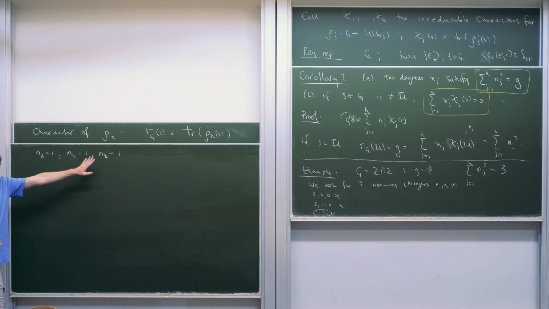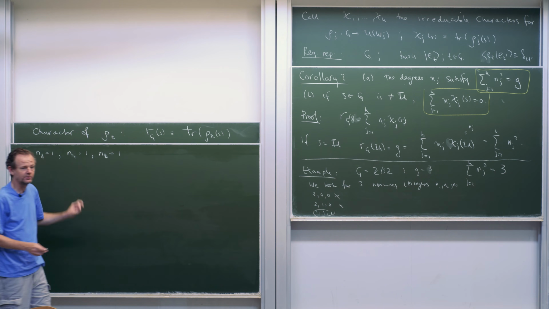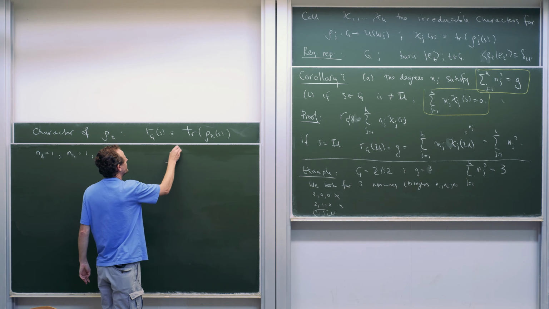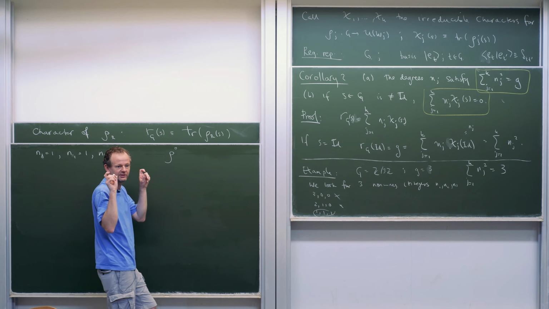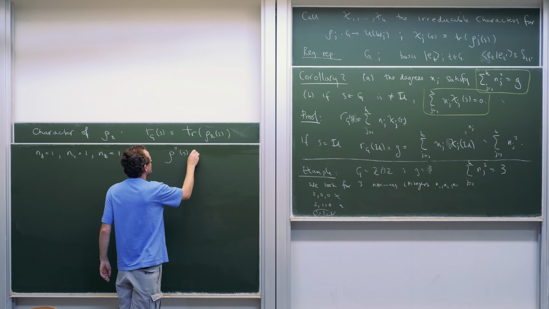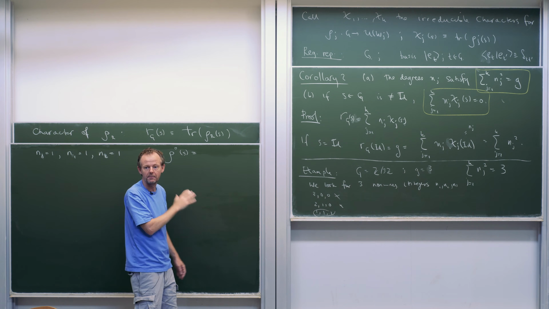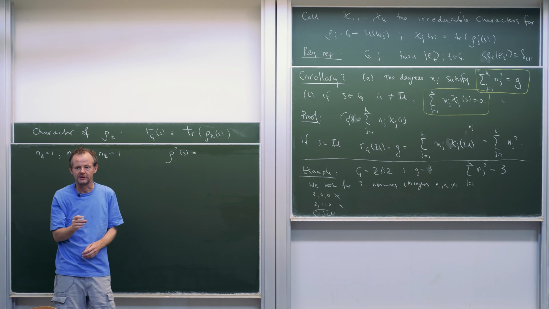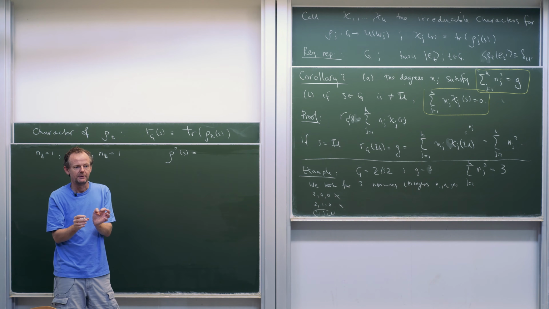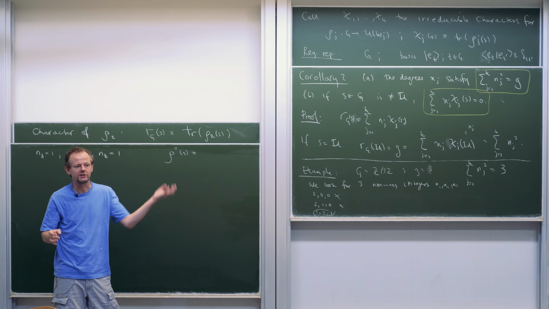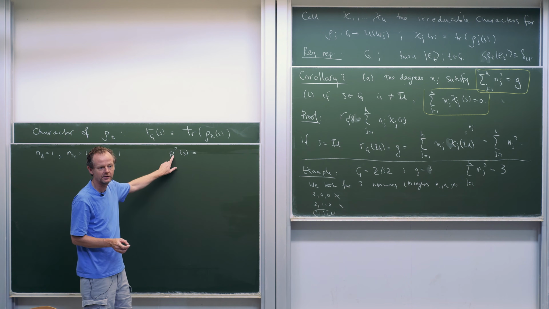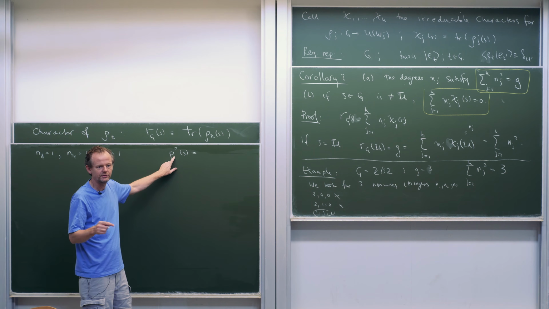So the one-dimensional representations. What does a one-dimensional representation look like? The one-dimensional representation labeled by 0 is a number, because one-dimensional matrices are just numbers. But what's the character of a representation? It's the trace of this thing here. But the trace of a number is the number back again.